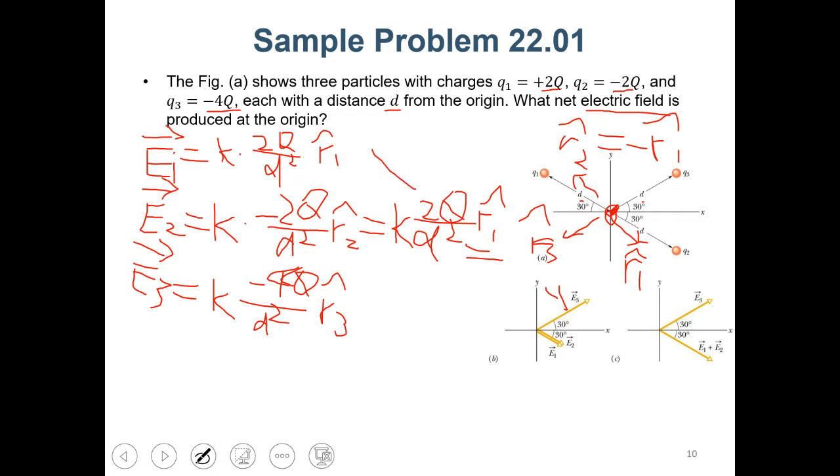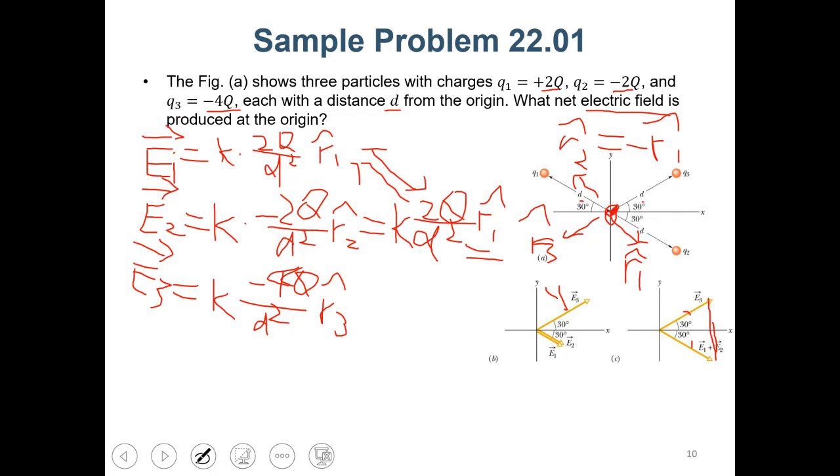So actually, these two are the same. And when we add E1 and E2 together, the magnitude of E1 plus E2 is equal to the magnitude of E3. So it's just like a triangle, and two sides are equal. And this angle is 30 degrees.